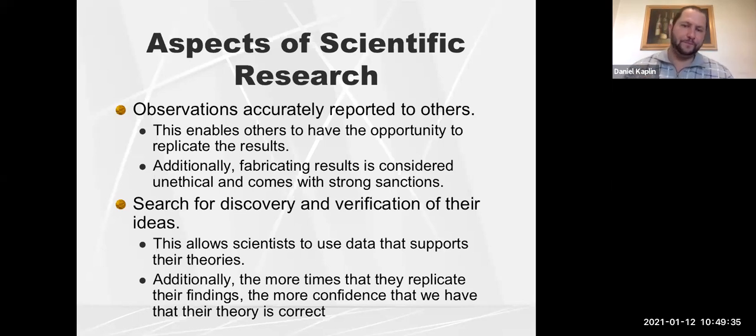So, step 1. Step 2 is that we search for discovery and verification of our ideas. It's not uncommon that we're doing research in our lab separately from another person doing research in their lab, and we might be looking at the same thing through a different lens or using different terminology. Well, by searching for other people who might have found similar things, it strengthens our argument, right?